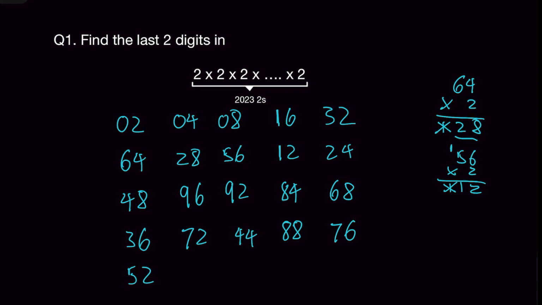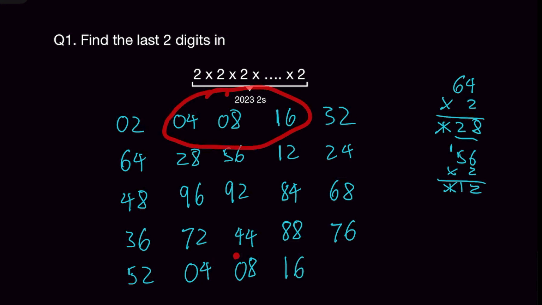After 52 times 2, we get 104, but we're only placing the last two digits. So we got 04, and we got 08, and we got 16. Do you see over here that the number pattern 04, 08, and 16 has started to show itself? Can you see that we actually managed to find a pattern already?